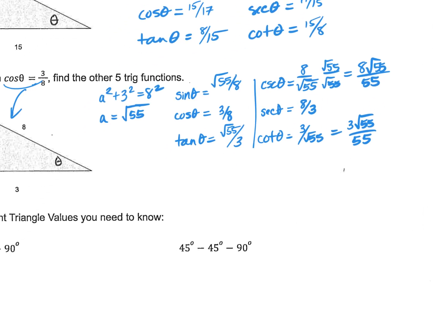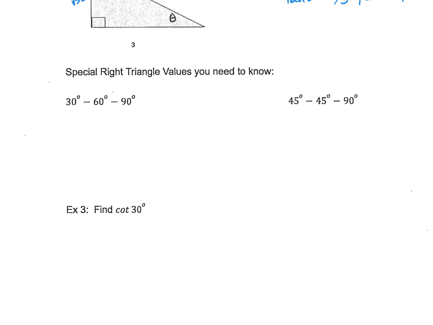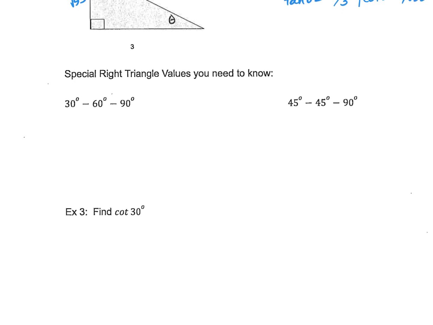How are we doing? Pretty good? All right, special right triangles. 30, 60, 90, and 45, 45, 90. In a 30, 60, 90 triangle, there are ratios, and the ratios are as follows. If this is a 30-degree angle down here, and this is a 60-degree angle, if this short side is 1, then the hypotenuse is twice as long as that, so this would be 2, and then this would be root 3.